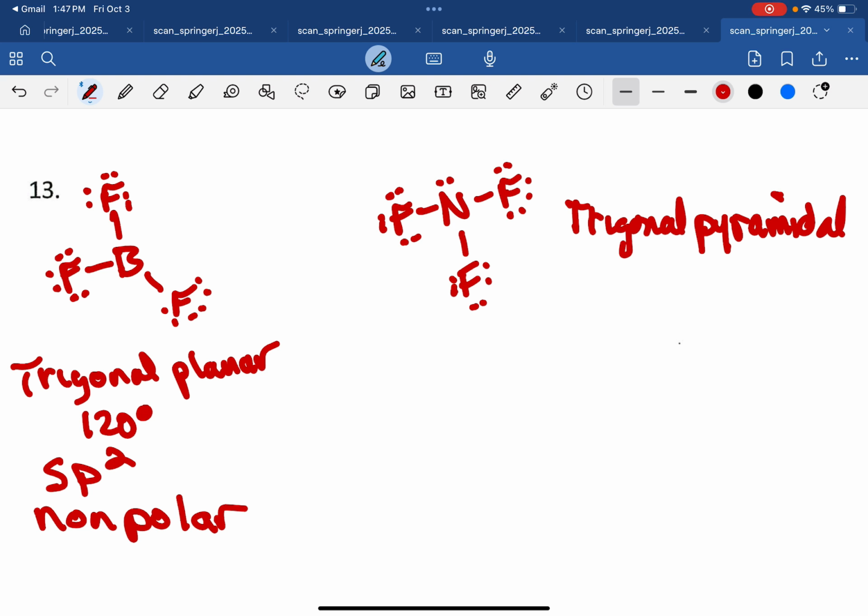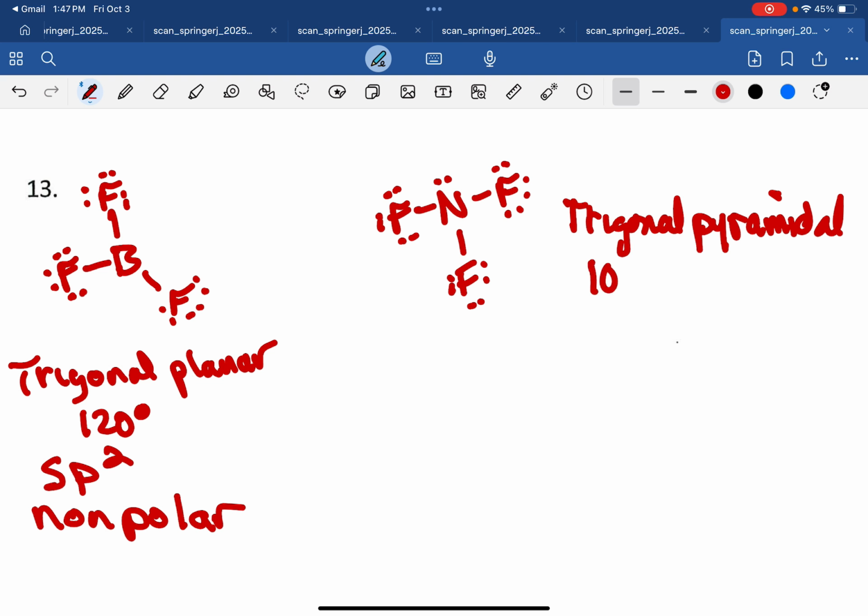So it'd be 109.5, but it's a little less than that. So I'm going to say 107, just because I need a number less than 109, but not crazy less. Since there are 4 electron domains, sp3, and it is polar because not all the dipoles cancel. Again, say the words. Say the words.